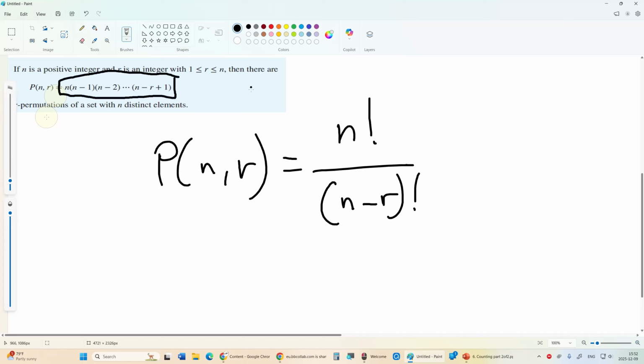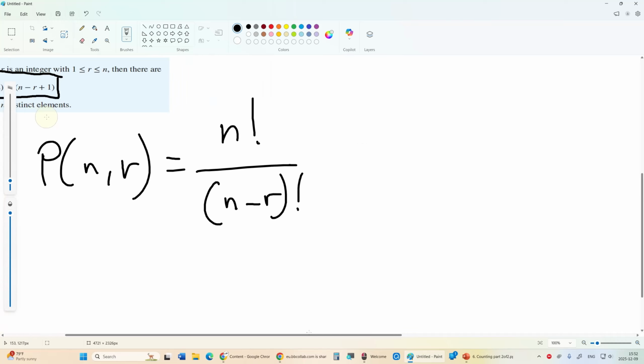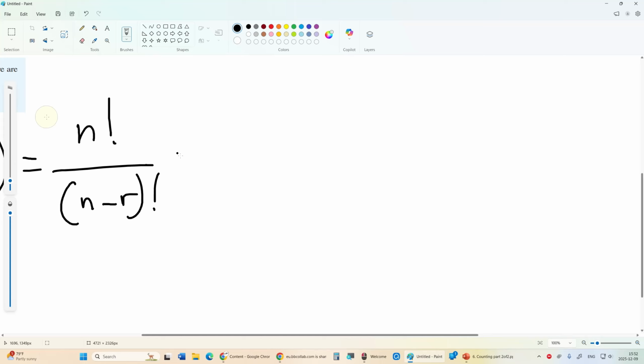Now how can I show you that? Well, it's fairly easy. Let me just take a moment to expand on this. Now this factorial, remember, factorial is just n times n minus 1 times n minus 2, and so on, all the way down to 1 or 2.